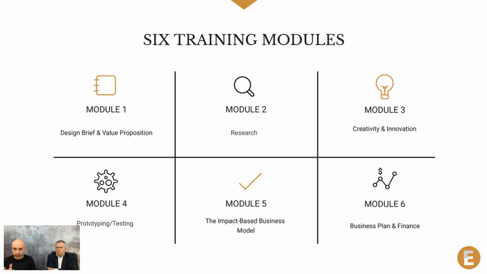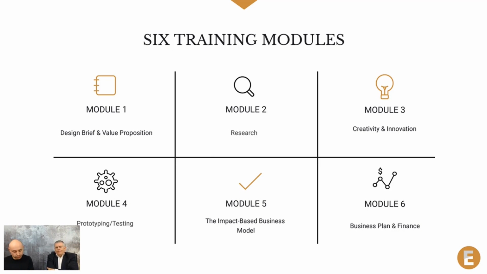Now, after module 3, we go towards module 4. At this stage, we have the idea that we started. We put that in a design brief. We conduct our face-to-face or ethnographic research. We use creativity and innovation to shift our perception, and then it is time for action. It is time to show our user something that is unfinished.